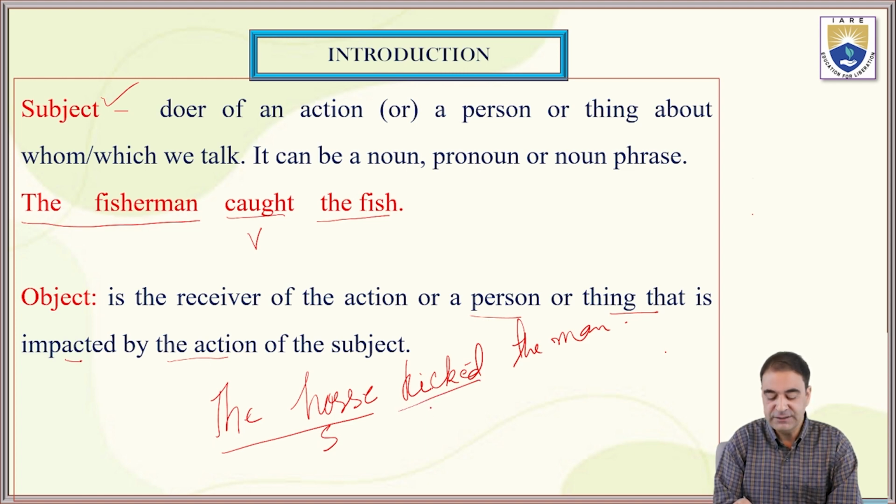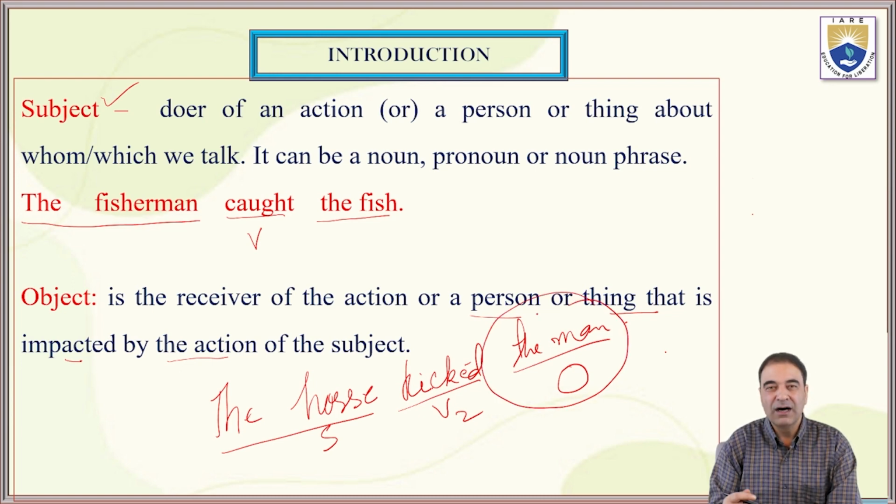And what is the action? That is kicked. That's verb in second form. The man is object. Why? Because it is the receiver of an action. It is the man who gets affected by the action of the subject. Therefore, we can say that the man is an object. It is the receiver of an action.